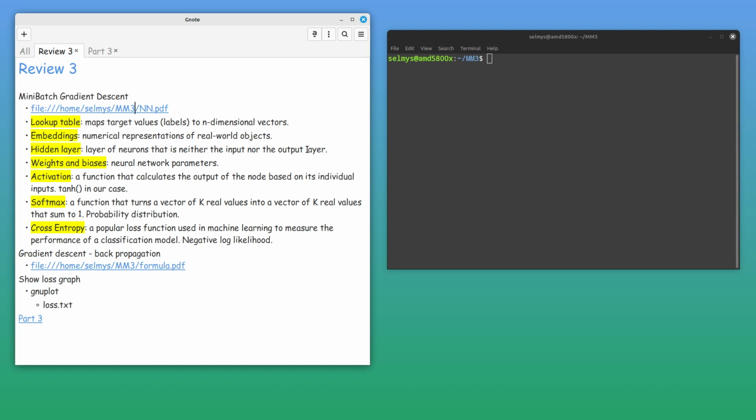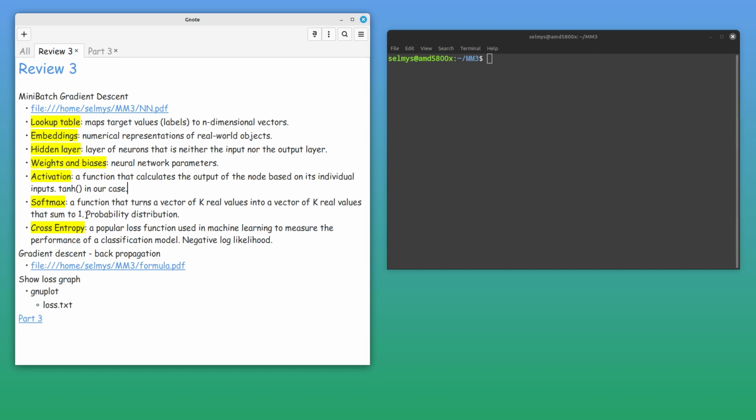Weights and biases are neural network parameters. Activation is a function that calculates the output of the node based on its individual inputs, and in our case we're using tanh here as our activation function. Softmax function turns a vector of k real values into a vector of k real values that sum to 1.